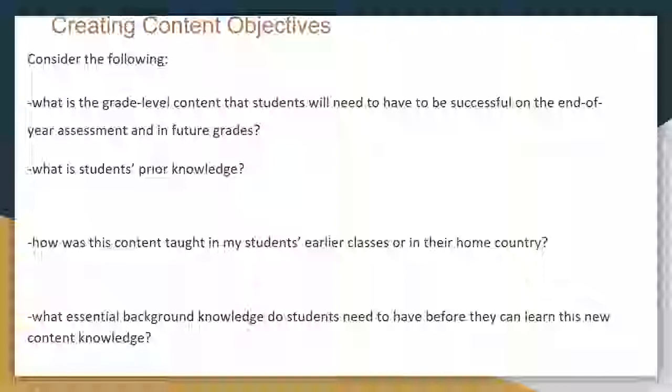Another thing you need to ask as a teacher is, what essential background knowledge would students need in order to grasp what I'm now teaching? So, for example, if you're teaching how to write a sentence and you're teaching the parts of speech, like subject, verb, object, before you even teach that, you have to explain the whole concept that a sentence is a complete thought.